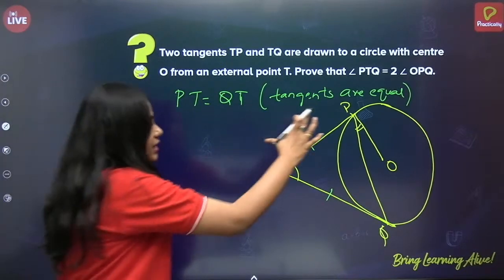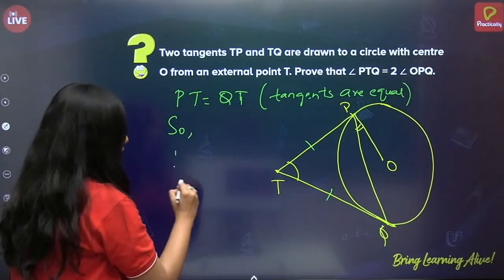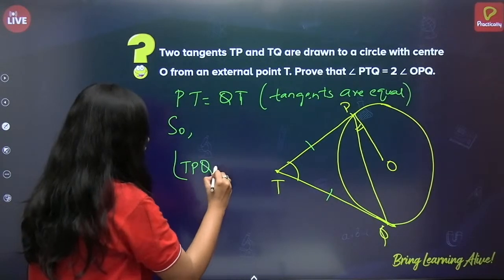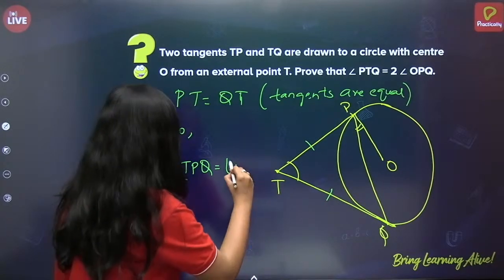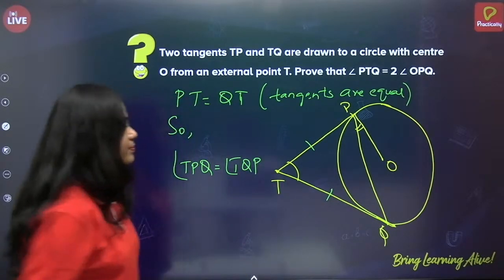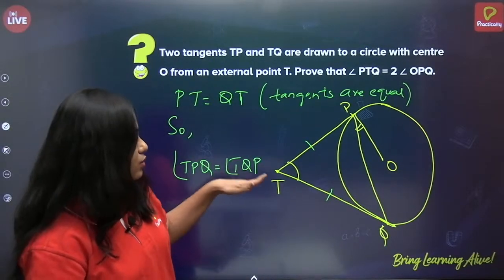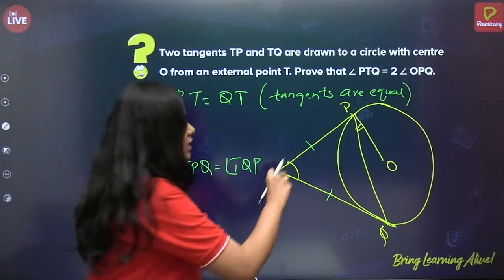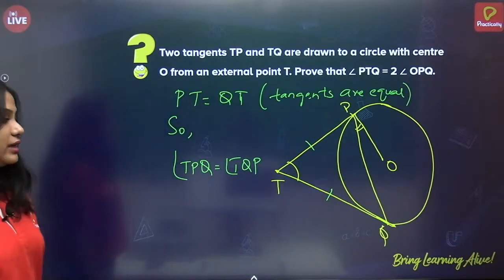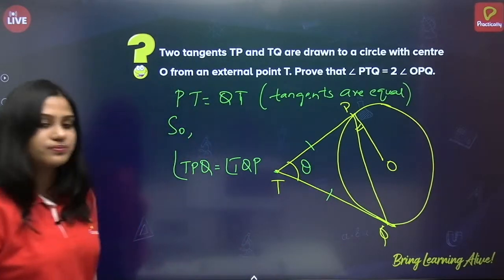So, if PT is equal to TQ, can I say angle TPQ is equals to angle TQP? Can I say that? Of course, yes. Why? If PT is equal to TQ, then base angles are equal, correct? So, angle TPQ is equal to angle TQP. And let us take this angle T as theta.